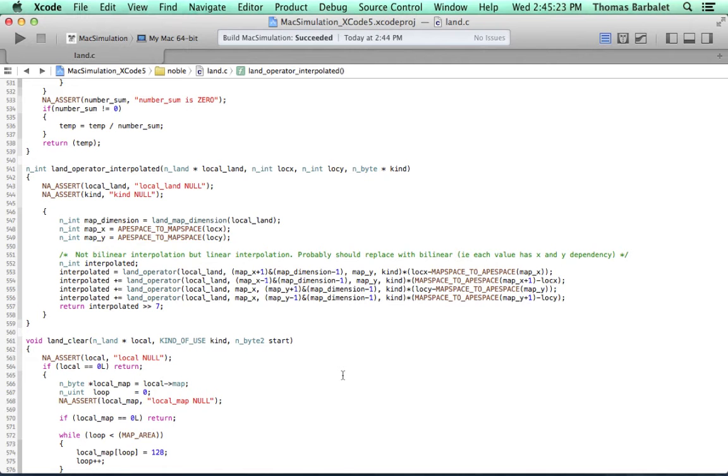I mean, what this is doing is taking some kind of surrounding. So, map Y, map X. This is taking above and below, but it's not actually taking the actual value.